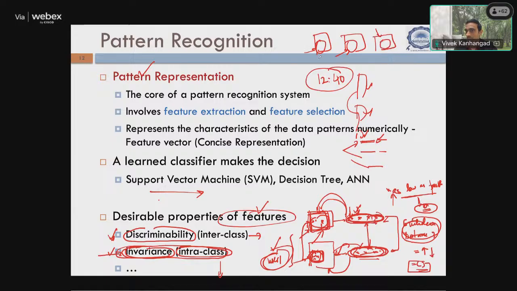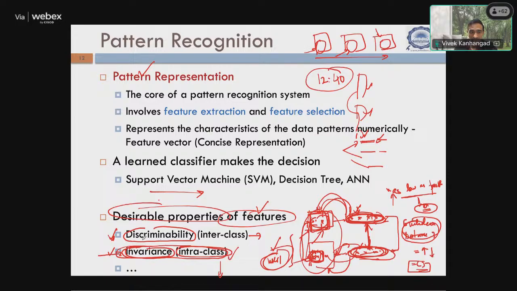So illumination changes can cause intra-class variation. But despite that, and I'm talking about desirable properties of the features, you want these features to be similar, which means you want them to be invariant to intra-class variations. That's a nice property to have.